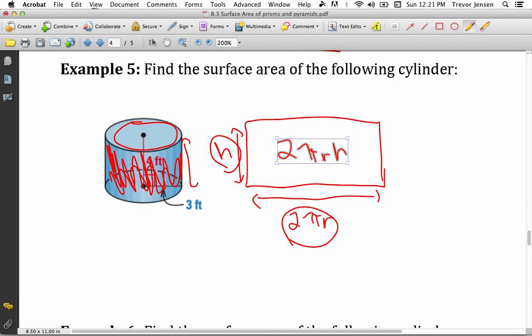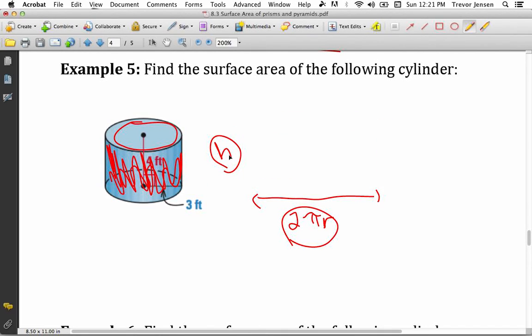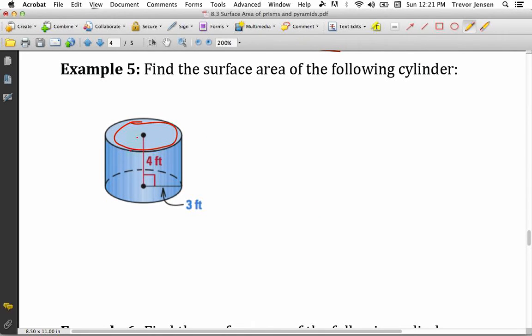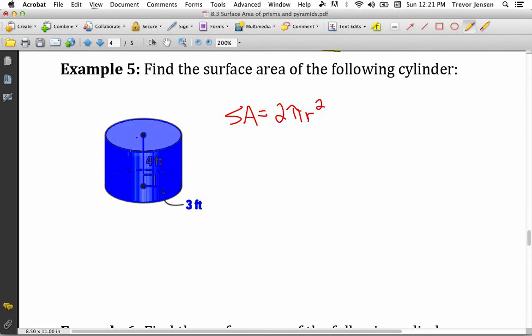So let's do an example. Surface area of a cylinder equals 2 pi r squared. That gives me the area of both bases. The bases are circles, that's where the pi r squared comes from. There's 2 of them, that's why it's 2 pi r squared, plus the area of the lateral surface, which is 2 pi r h.